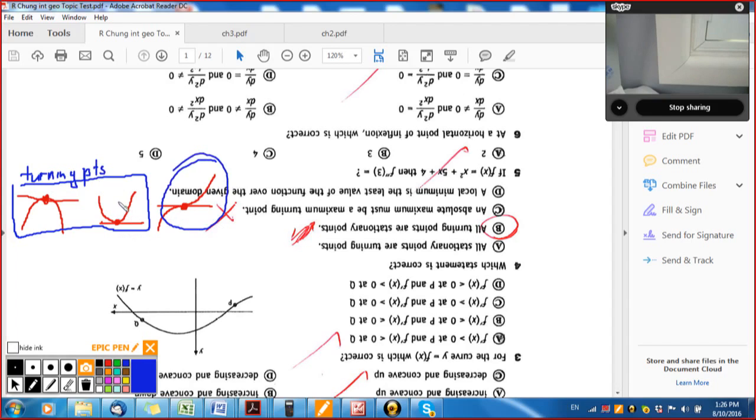What's that? If it's not a turning point, what would it be? It's a type of stationary point. It's a point of inflection, and it's also a stationary point as well. But it's not a turning point. Okay, got it?